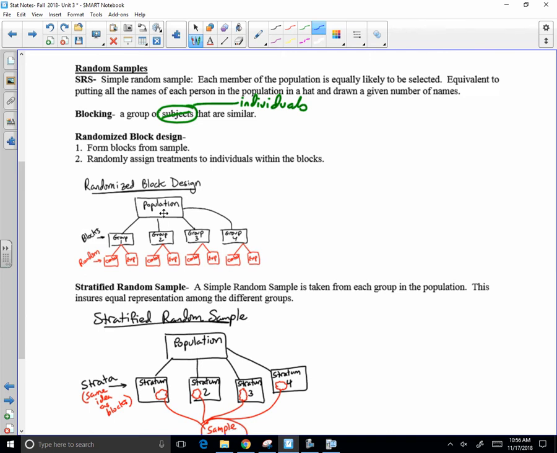And the reason why you would do that, as opposed to randomly selecting from within a group, is because there would be no noticeable or distinguishable difference between the groups, where it wouldn't really matter which group you select, right? And so why not just choose a smaller group? If each group is in and of itself representative of the population, then you're good to go.